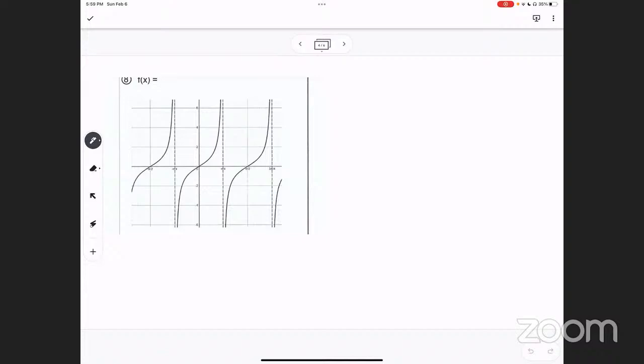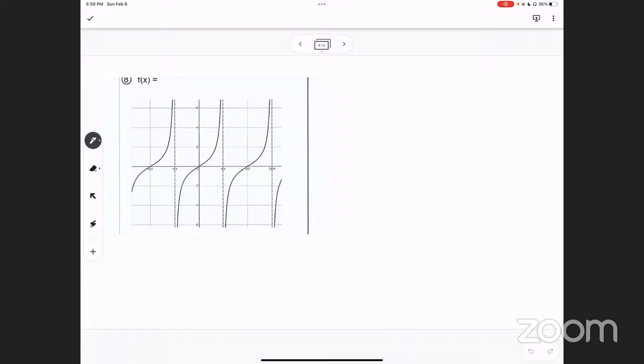Tell me how you're going to do this one. What's the first step? First step is look at the asymptotes. Can you tell what kind of graph it is?